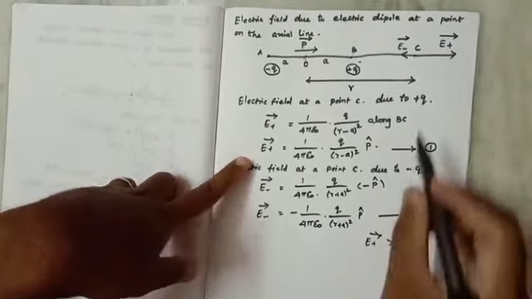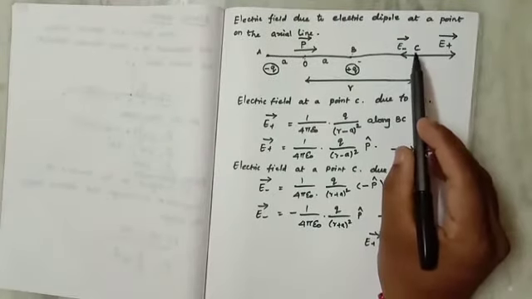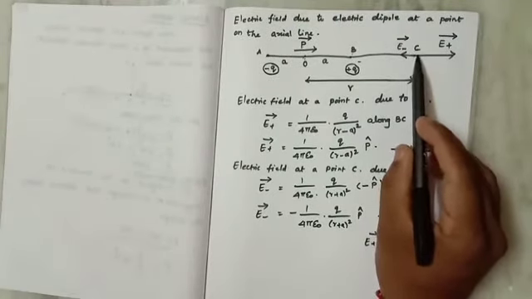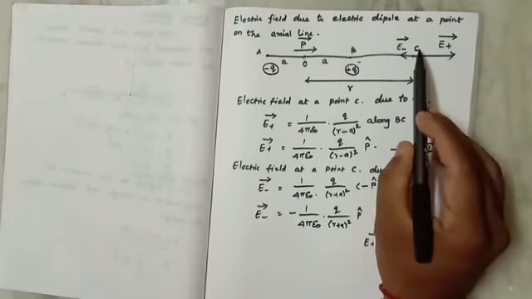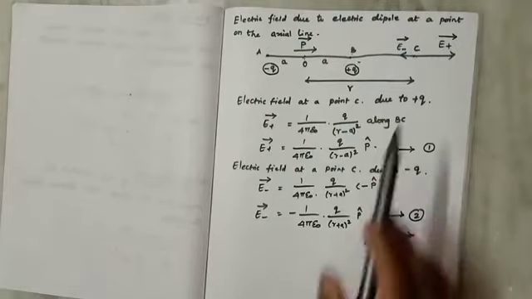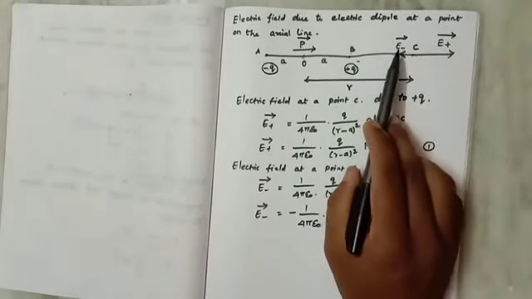So at the time of drawing the diagram, you need to draw a longer line for E plus compared with E minus. So E plus is longer than E minus.